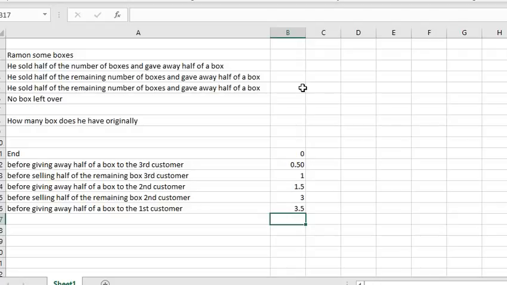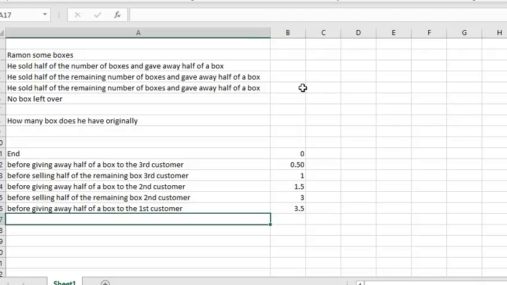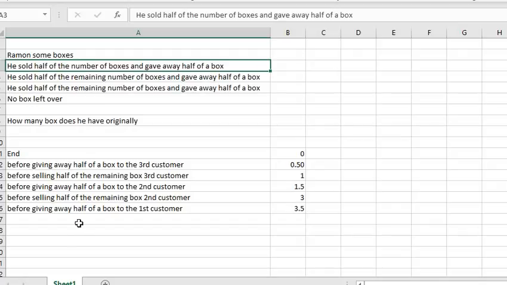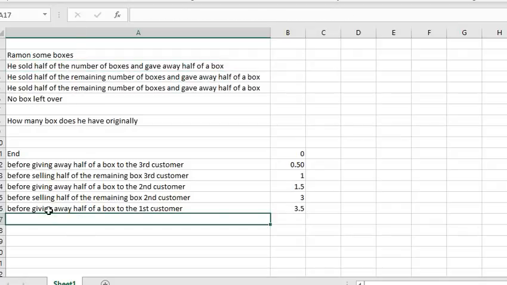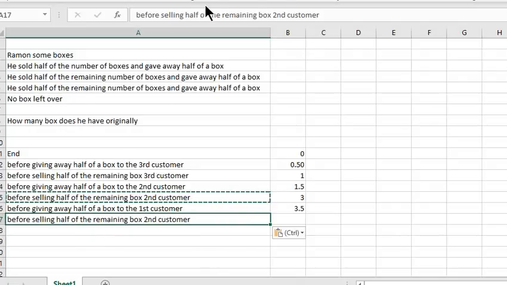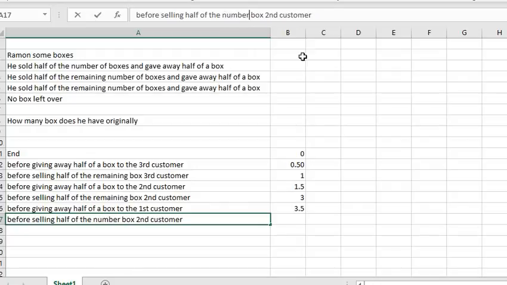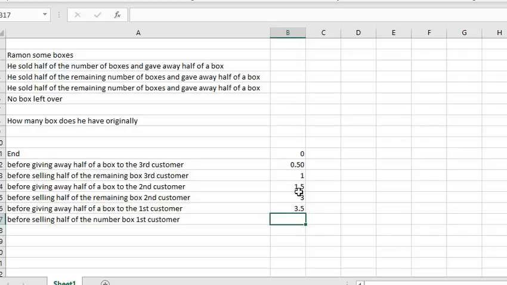And then he sold half of the box, so before selling half of the number of boxes to the first customer, he must have double of 3.5, which is 7, right?